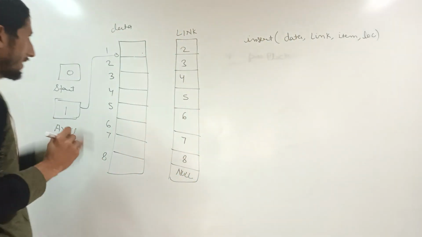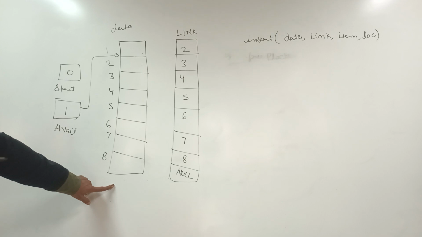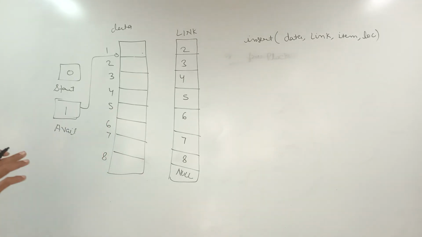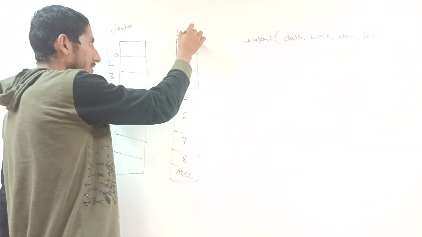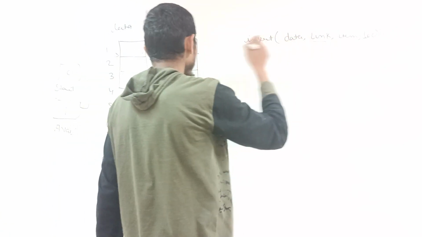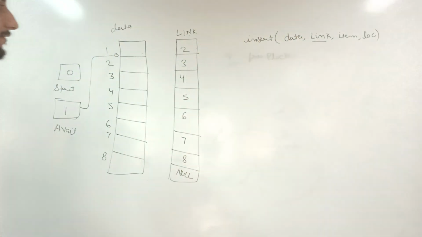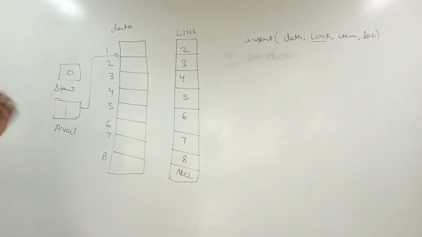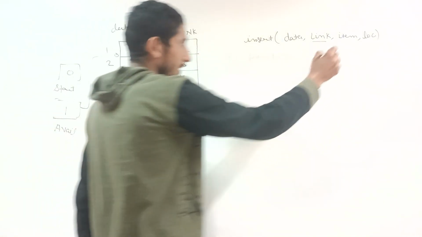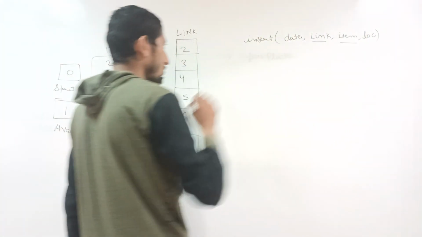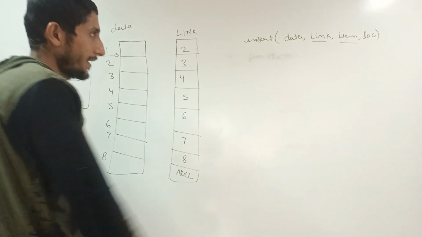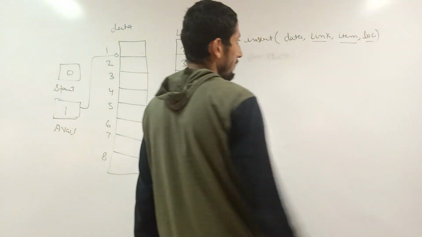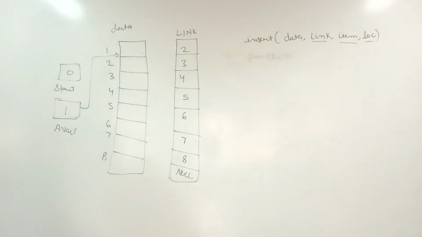So we have taken a data array that is currently empty. It means I want to insert some element into this. Link is an array in which I will store the information of the next block. Item is the item we want to insert, and LOC is the location of the item you have to insert.